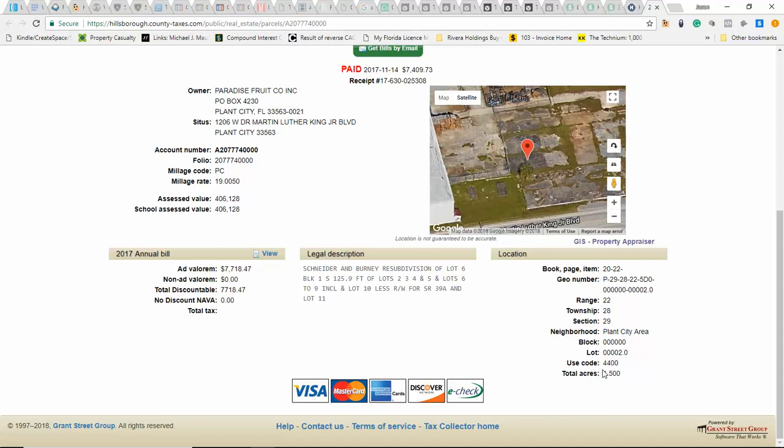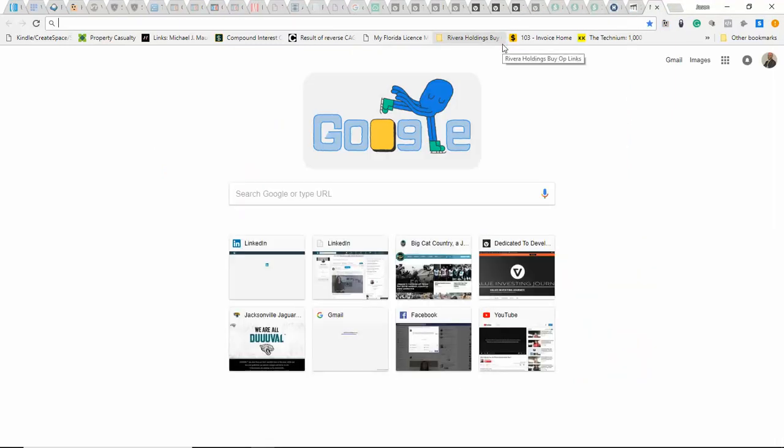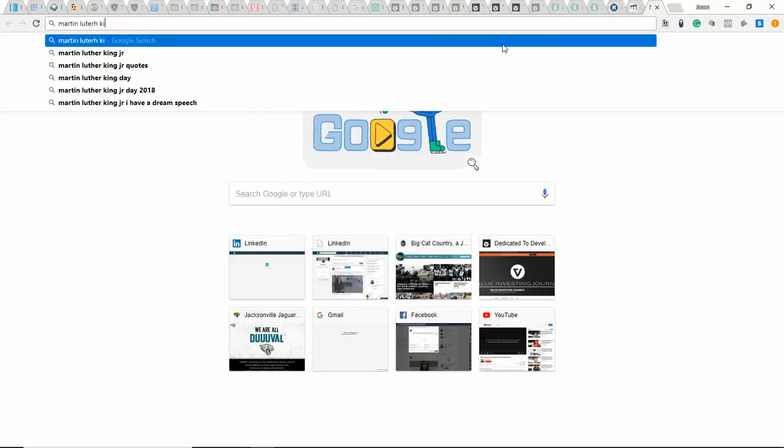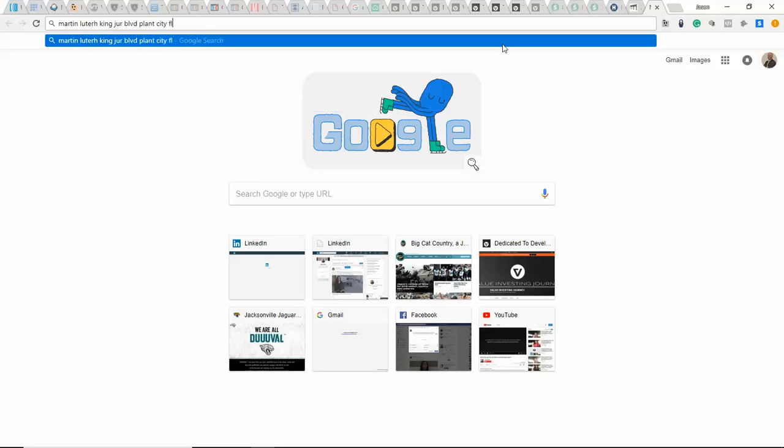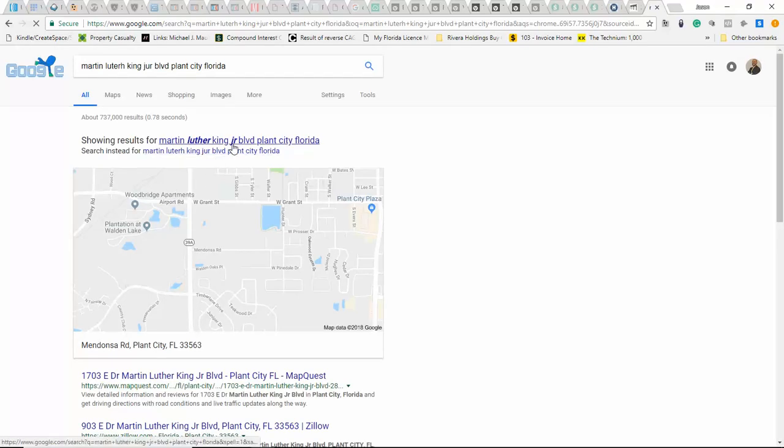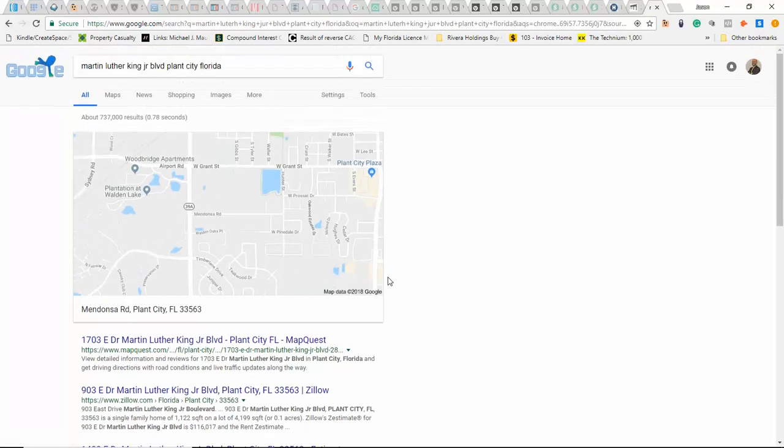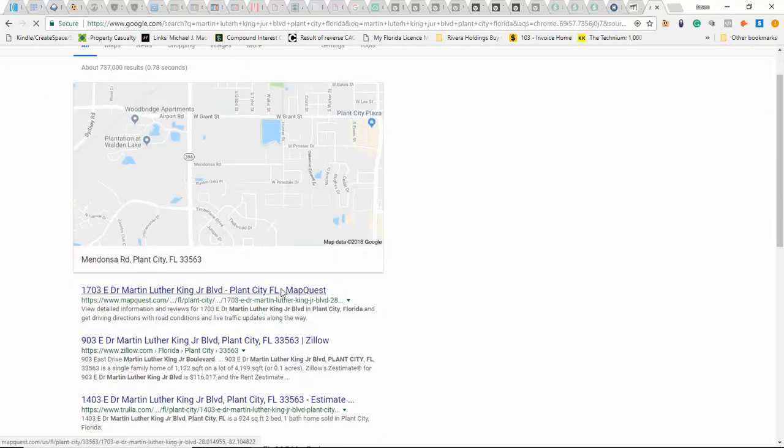So what I would do here is I would search near this area, Martin Luther King Jr. Boulevard, Plant City, Florida. And I would look for kind of similar properties.